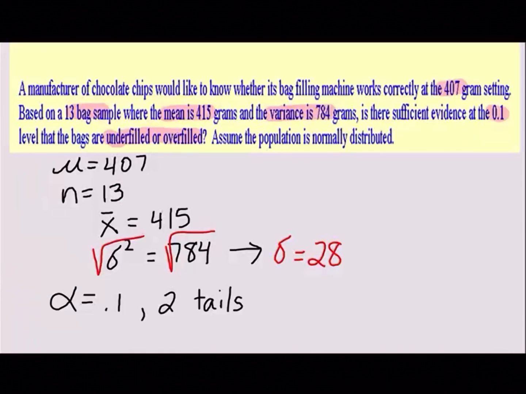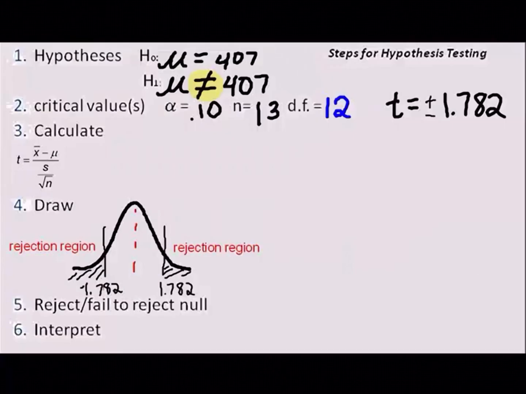Mu is 407, N is 13, X bar is 415, and sigma is 28. So I plug in 415 for X bar minus 407, divided by S, the standard deviation, of 28, divided by the square root of N, not degrees of freedom, but actual N, which was 13.